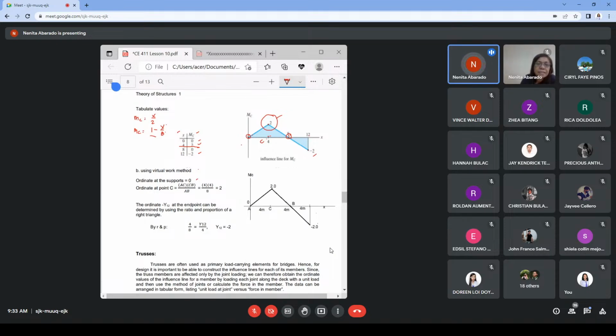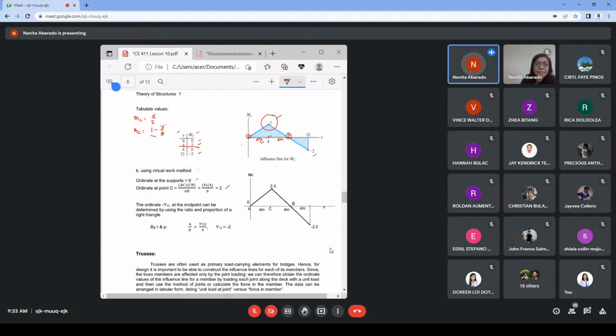AC is 4 meters, CB is 4 meters, and AB is 8, so that is 2.